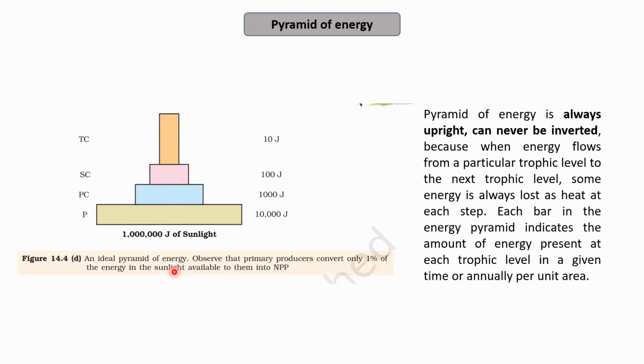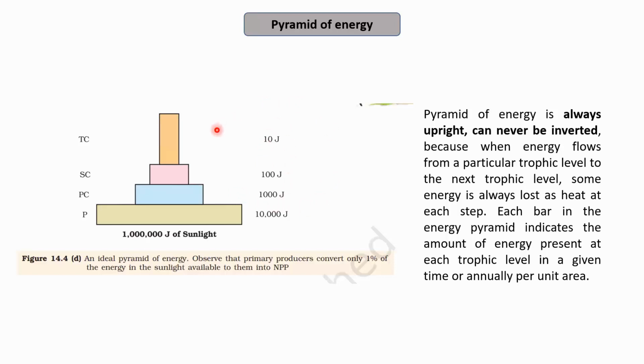For example, suppose producers harness 10,000 joule of energy. Of this 10,000 joule harnessed by the producers, only 10% is transferred to the primary consumers. Of this 1,000 joule, 10% is transferred to the secondary consumers, and of this only 10% will be transferred to the tertiary consumers.